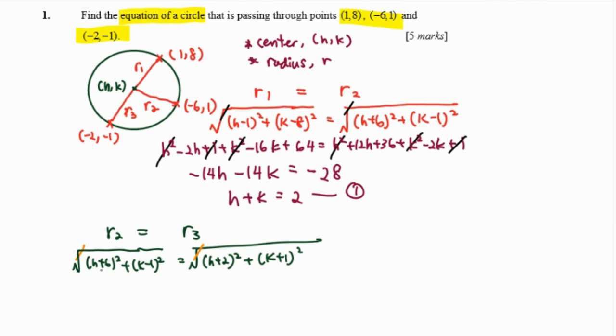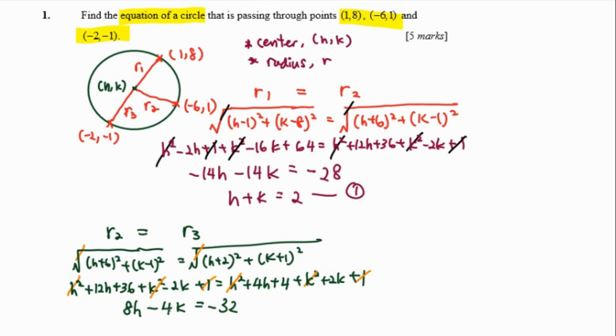Then we expand the remaining terms, and notice that h squared can be simplified and k squared also can be simplified, similar to the value of 1. Therefore, simplifying our answer, it will give us 8h minus 4k equals 32. Then we can simplify this equation by dividing it by 4. So we get 2h minus k equals negative 8. That will be our equation number 2.